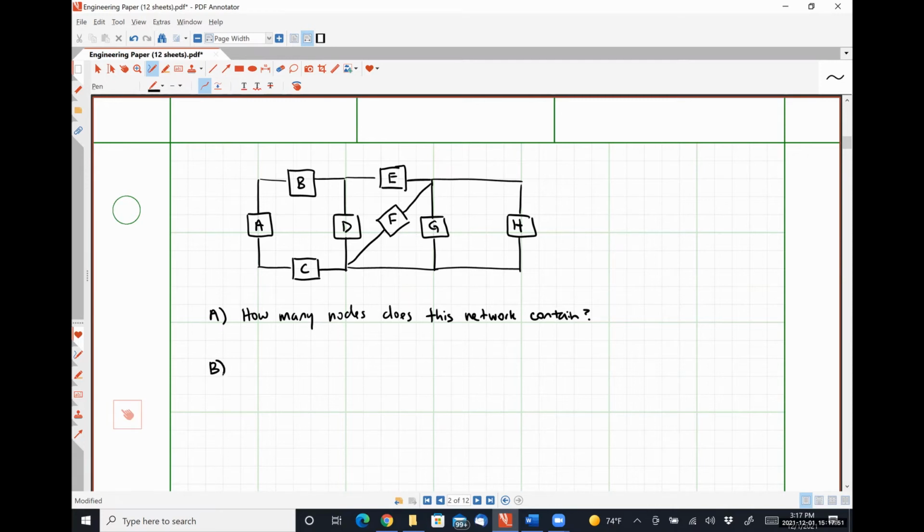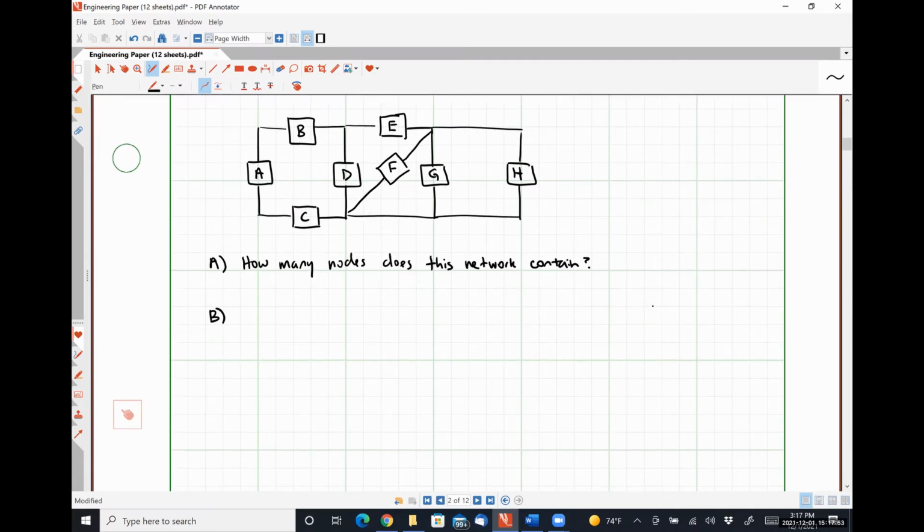Secondly, I want to know which of the elements, if any, are connected in series.